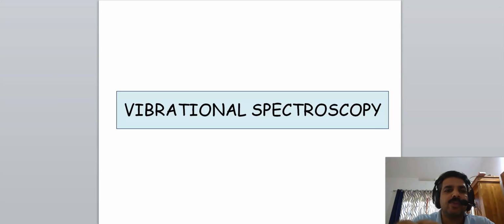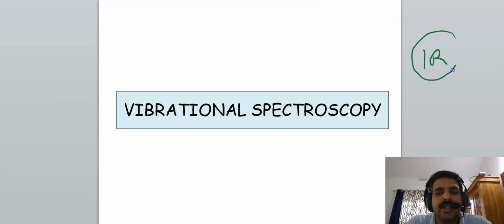Listen. In vibrational spectroscopy, we know that the energy difference between the vibrational energy levels of a molecule is in the IR region. So we are using IR radiation of about 600 to 4000 centimeter inverse, that is, the middle IR region.